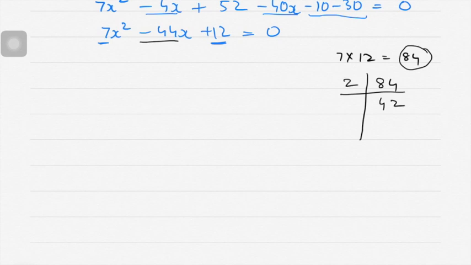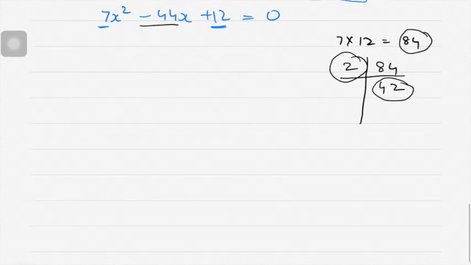So let's find it. So 84 to 42. I already got the number. 2 and 42. When you add, it becomes 44 only. Correct? But this is minus 44. Correct?